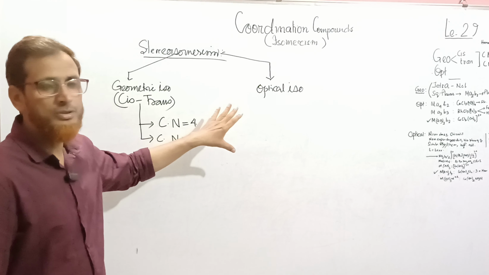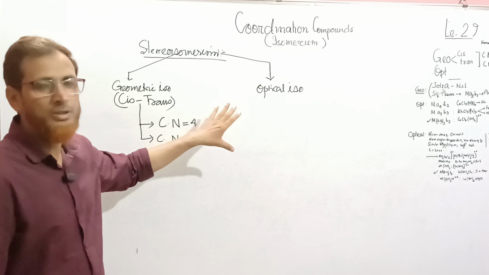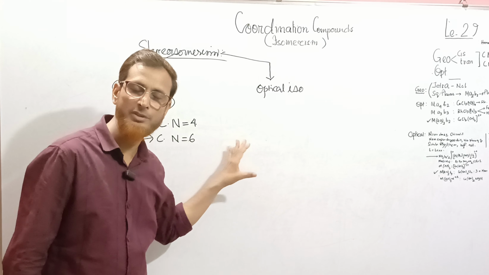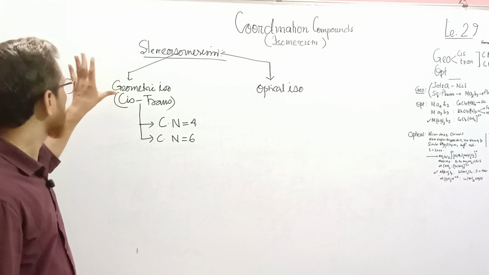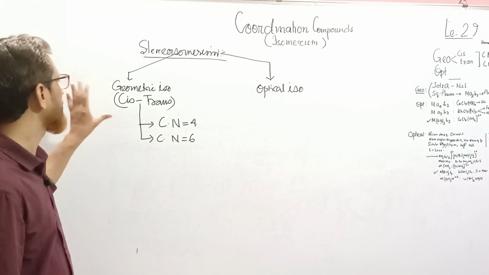You have already seen a lot of complexes where coordination numbers are 4 and 6. So geometrical isomerism, which shows cis and trans isomerism, can be shown by coordination complexes where the coordination number is 4 and where it is 6.